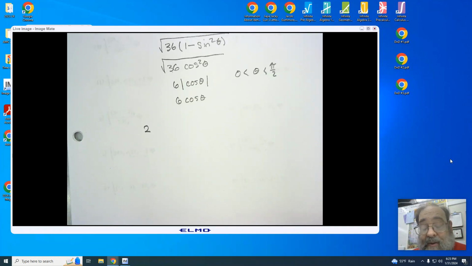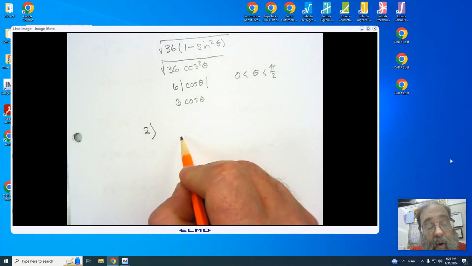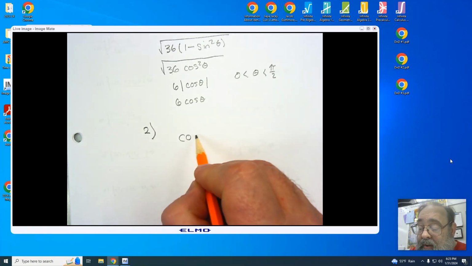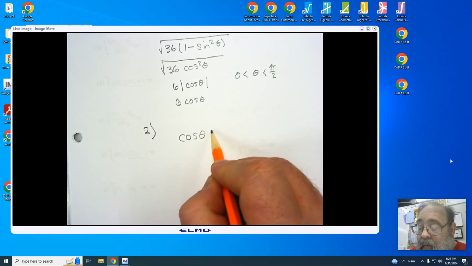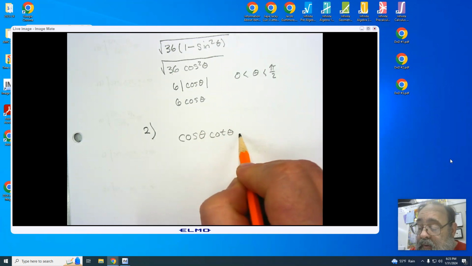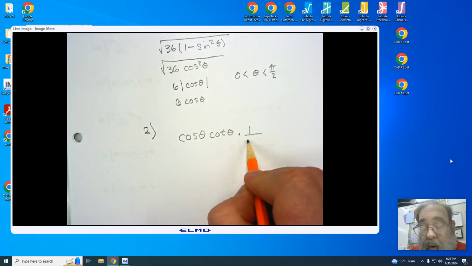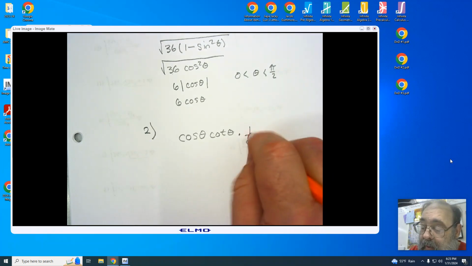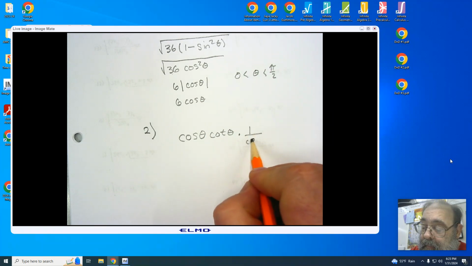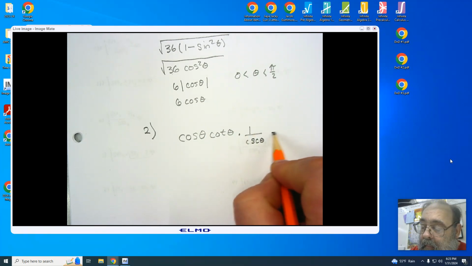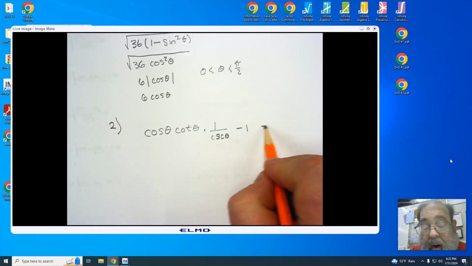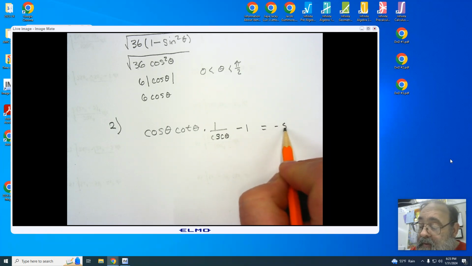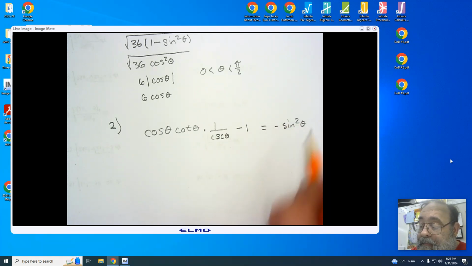Now, when we're doing this, I always recommend that students work by separating pieces if possible and replacing them with their ratio identities first. We also can see that we have a reciprocal identity. And once again, we are going to show that this is the negative sine squared of theta.